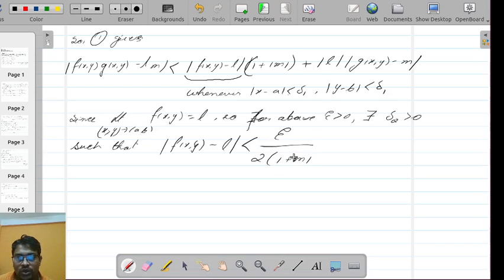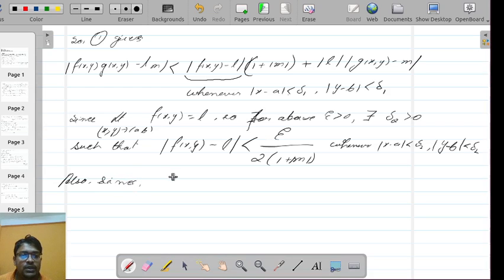We don't have to worry whether the denominator is 0 or not, because mod m is a non-negative quantity, and adding 1 makes it always non-zero. This happens whenever mod of x minus a is less than delta 2 and mod of y minus b is also less than delta 2.